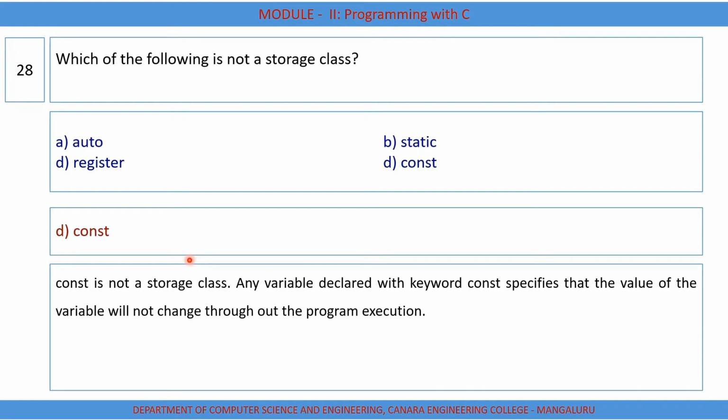Any variable declared with const specifies that its value will not change throughout the program execution. For example, in the previous question, constant int x equal to the value of y, so the x value will always be 128 and will not change until the program execution is over.